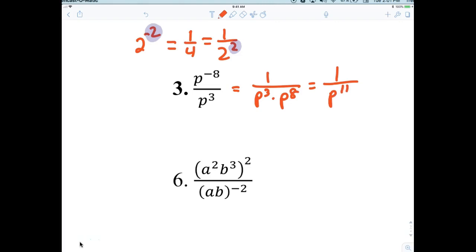Now, don't ask a bunch of questions. Look up. Say, hey, the p to the negative 8 was negative, so he moved it down. And when you move it down, it became what? A positive. And then when you multiply, you add the exponents.